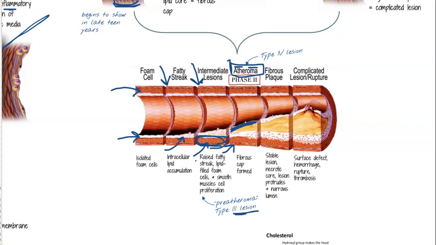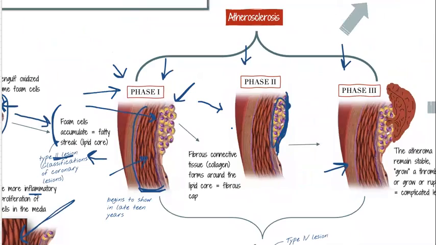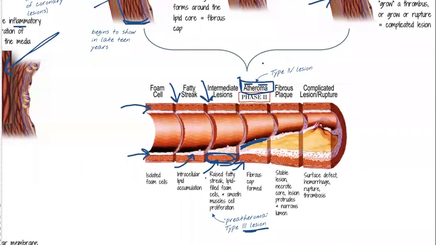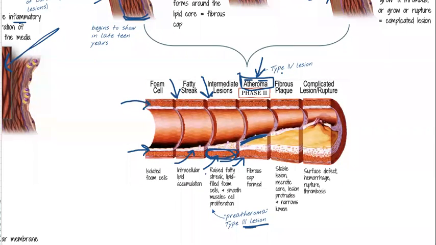So the fibrous cap is indicating your second phase of atherosclerosis, right? It can also be called an atheroma at that point, and it is classified as a type 4 lesion. That's it. It's not as complicated as it sometimes looks at first glance.